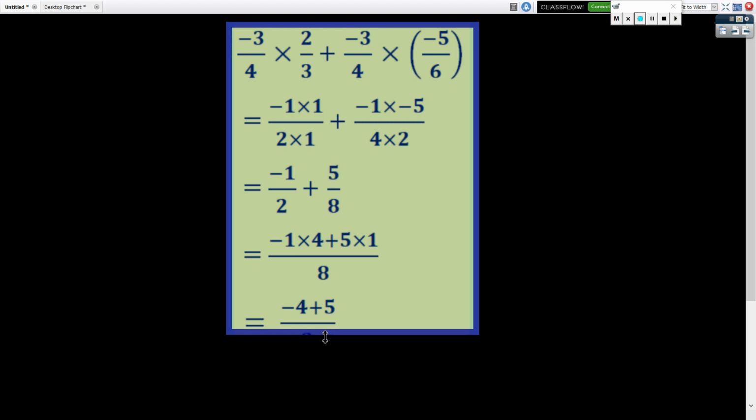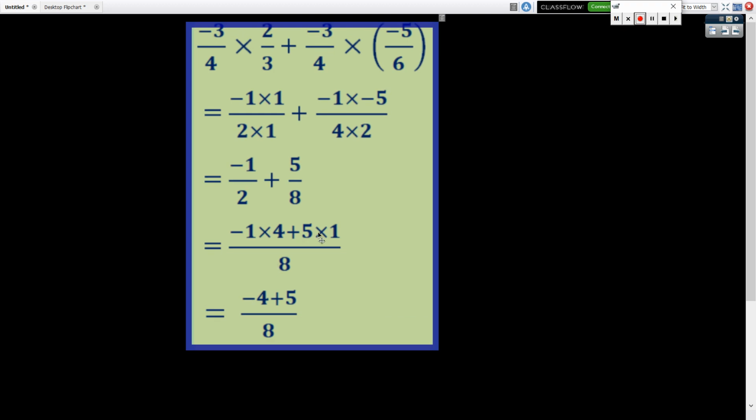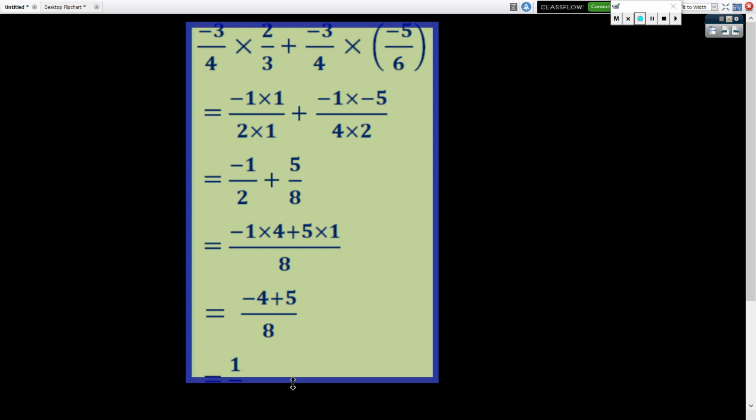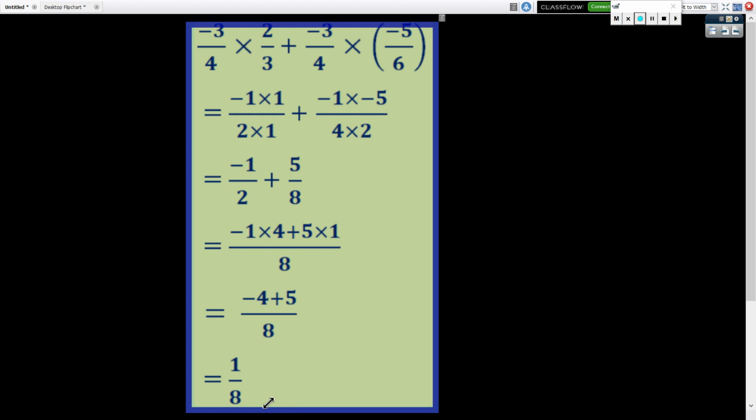Instead of 2 it is 8. Negative 4 plus 5 you will get 1, then by 8. So the answer is 1 by 8.